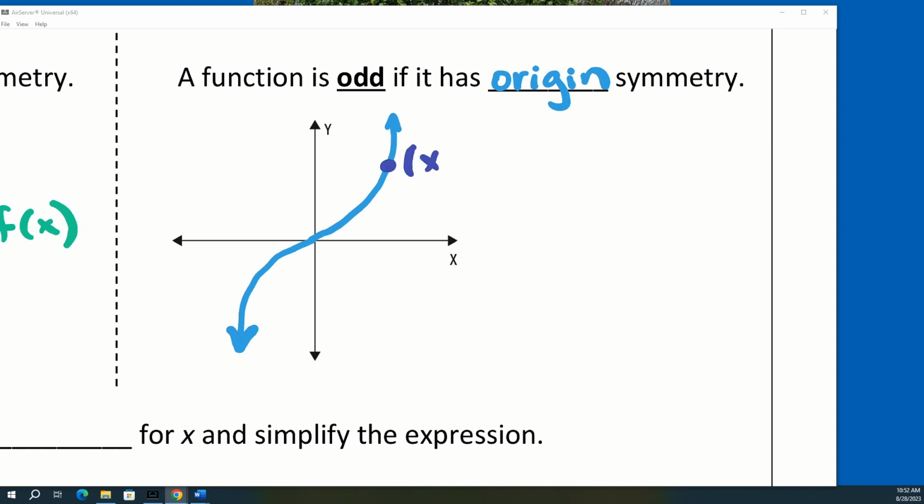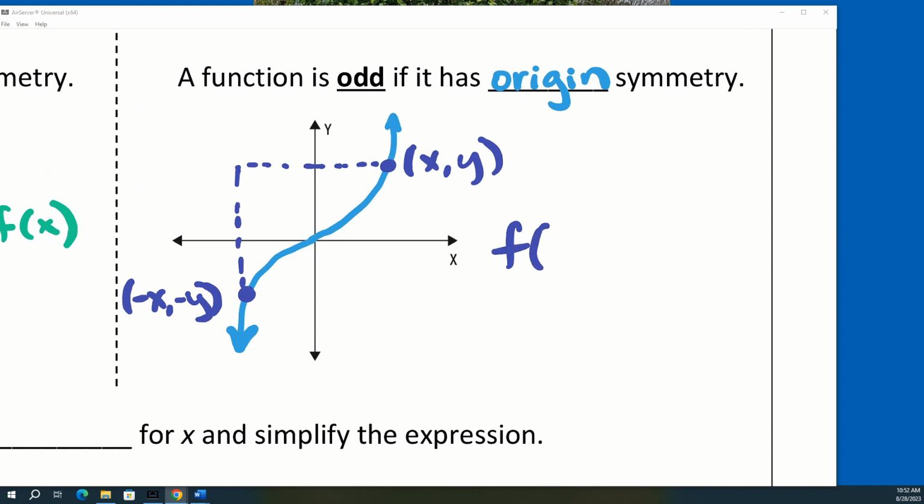And so in this one, I have the point xy. So if this was an odd function, what would this point be? Negative x, negative y. Very good. And so in this case, f of negative x is equal to the negative f of x.